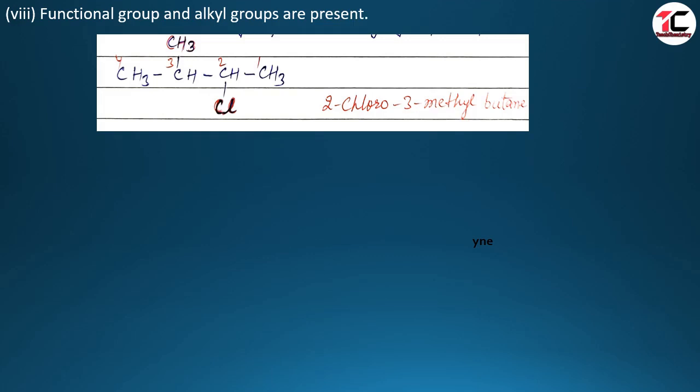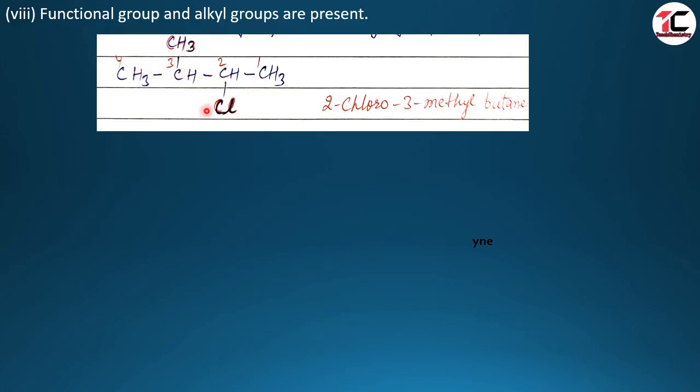If a functional group and an alkyl group are both present, let us see in the diagram. CH3, CH, CH, CH3. Here is chlorine, a functional group, and here is a methyl alkyl group. So we will start numbering from this side: first, second, third, fourth.